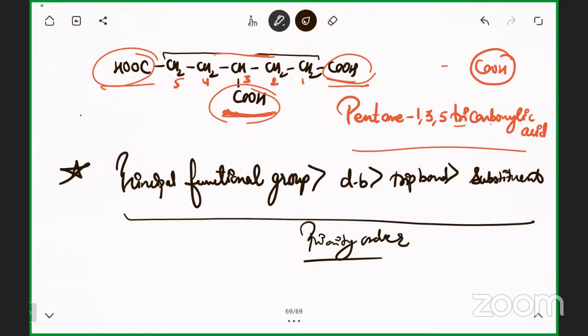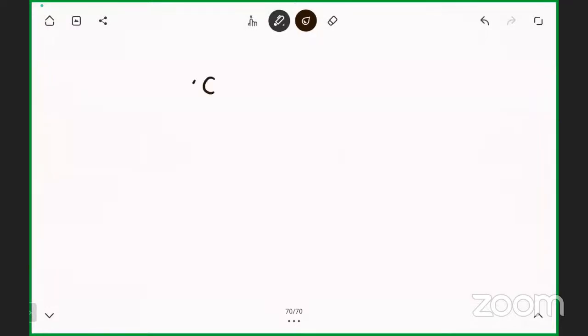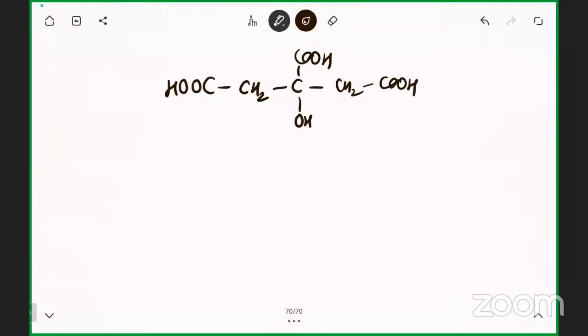Now do the numbering and do the naming. Whatever you were telling Vignesh, that can't we write oic acid?